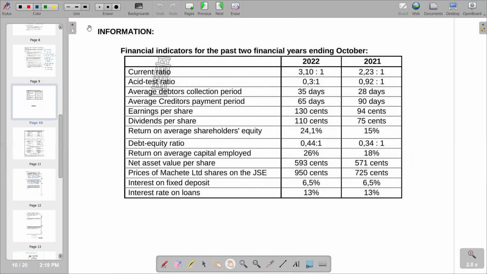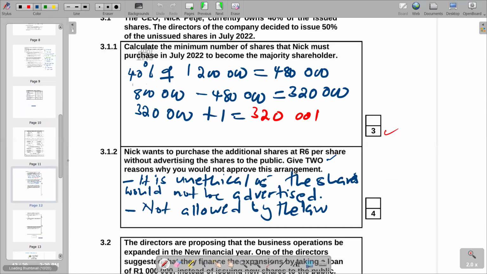If you come here, we've got the debt equity ratio, and we are seeing that the debt equity ratio increased from 0.34:1 to 0.44:1. Even if it increased, the proportion is still low, still less than 0.5. So even if the proportion of debt increases, it's not going to be too high. So we can explain that the debt to equity ratio increased from 0.34 to 1 to 0.44 to 1.